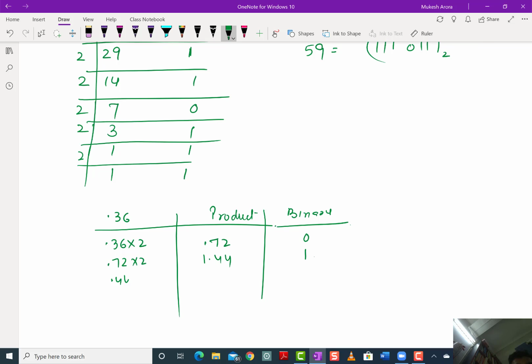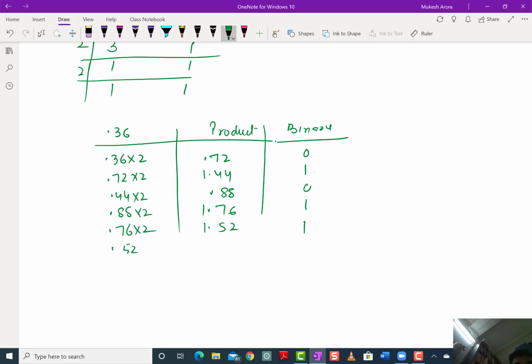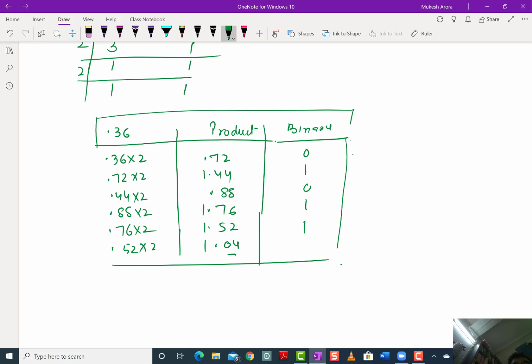So 0.44 into 2 is 0.88, binary 0. 0.88 into 2 is 1.76, 1. 0.76 into 2 will be 1.52, again 1. 0.52 into 2 is 1.04, 1. Now we see that it has come nearest to 0, so that will be our answer.